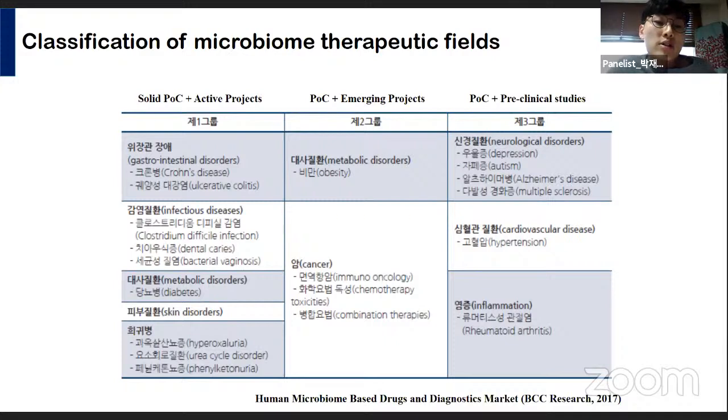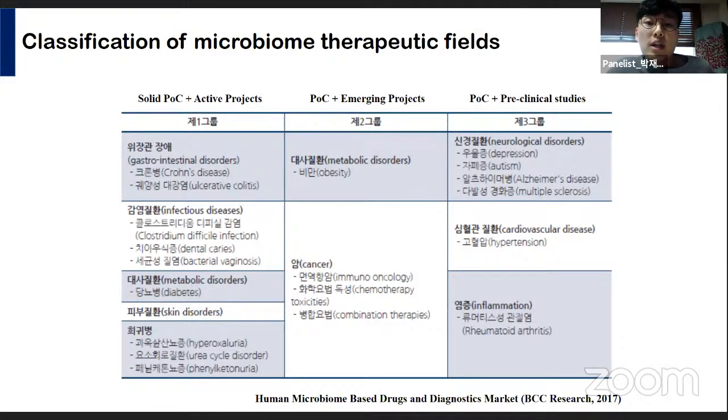And one good piece of news is that they are dealing with some rare diseases, including hyperoxaluria, urea cycle disorder, phenylketonuria. Many big pharma are hesitant to deal with those rare diseases because of the profit, but those microbiome products are focusing on those rare diseases, which is good news.